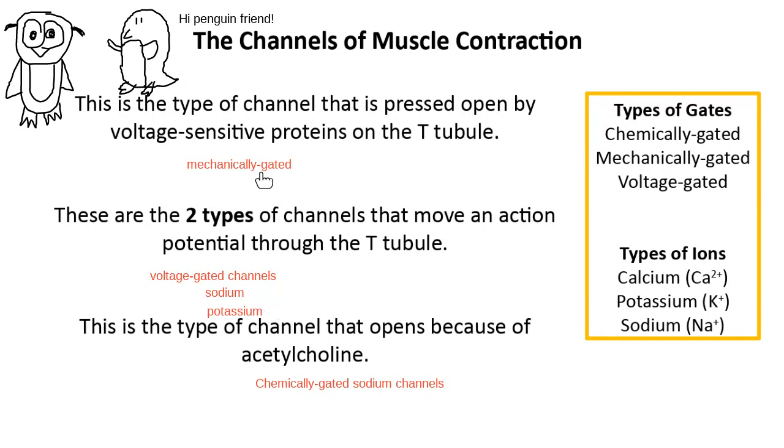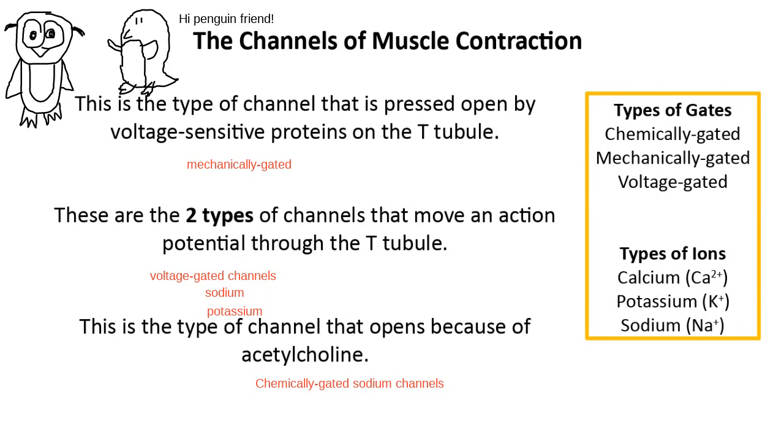So I push open my channels, and my channels are found on the T tubule. We press on them and they open up something in the sarcoplasmic reticulum. What does the sarcoplasmic reticulum store for a muscle cell? What's stored inside the sarcoplasmic reticulum?